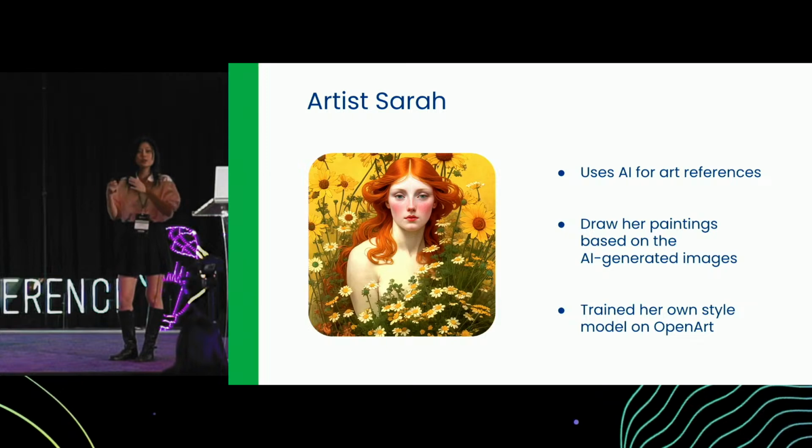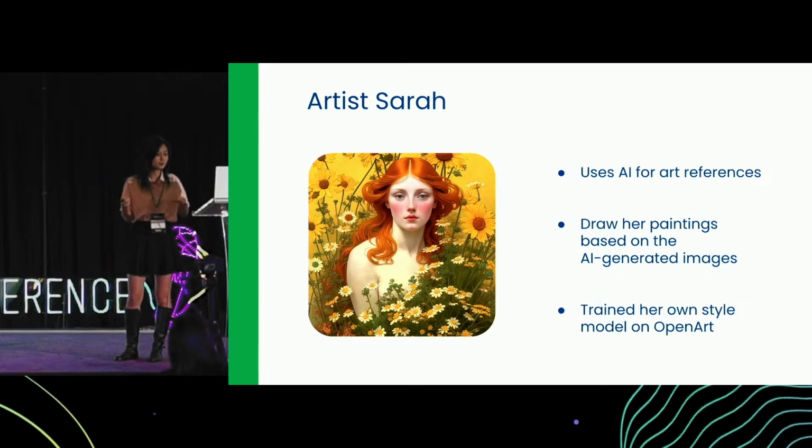But she will still draw them on her own canvas, digital or physical. But she really thinks this AI image generation gives her a lot of inspiration, and she doesn't need to hire human models. Instead, she can use AI to generate hundreds of thousands of images and pick the best for her own reference.